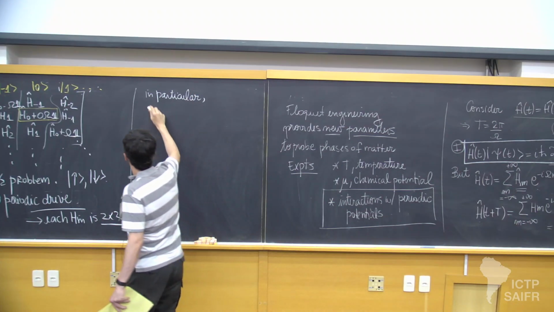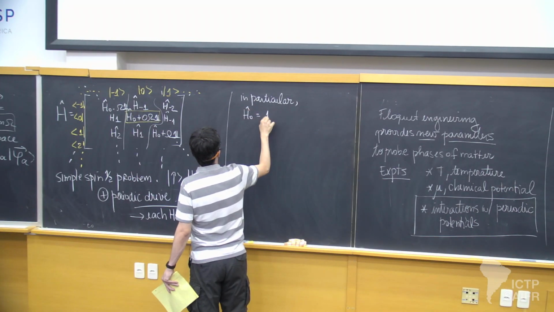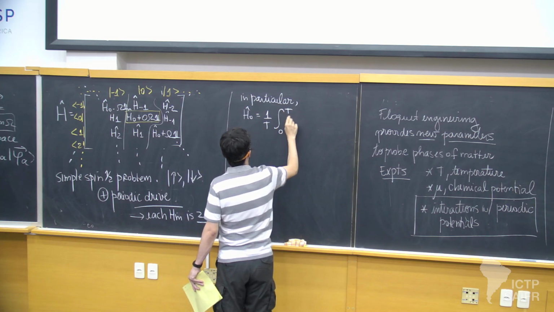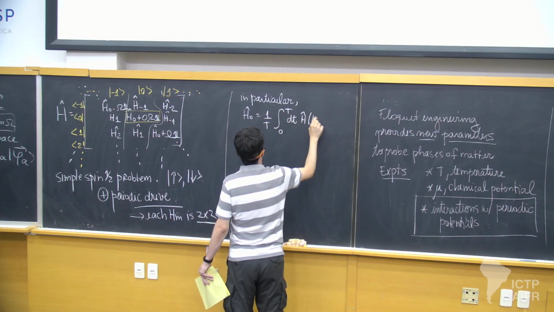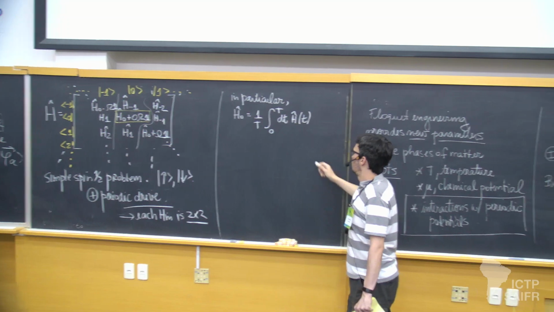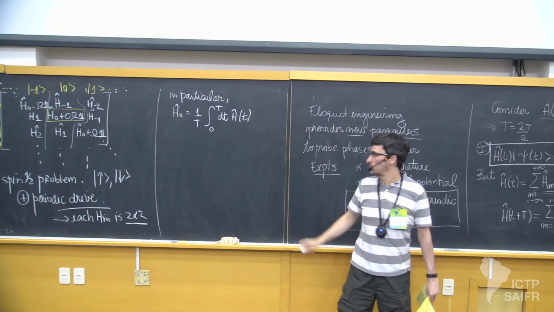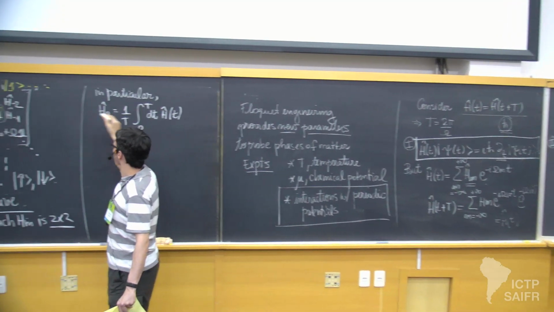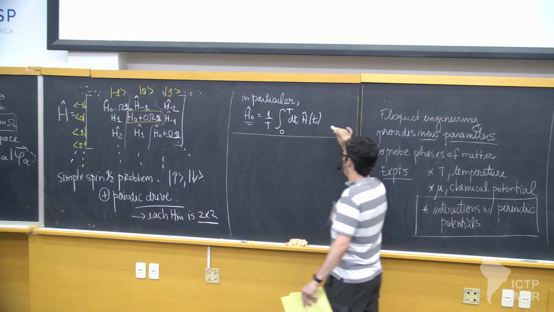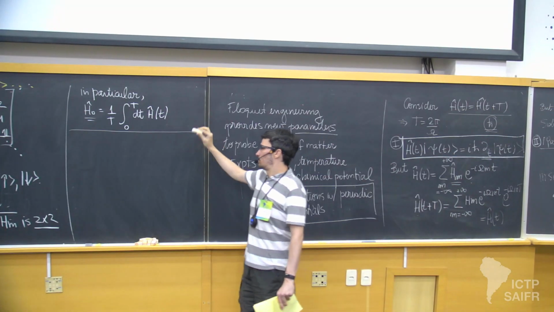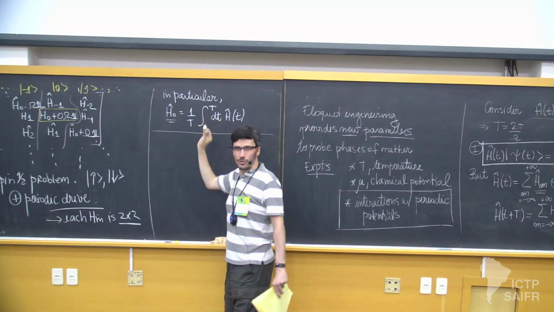In particular, H0 is the time average of this Hamiltonian, and the others are the Fourier components. Just to not lead you to the idea that H0 is some other Hamiltonian. This is the time average of this Hamiltonian.